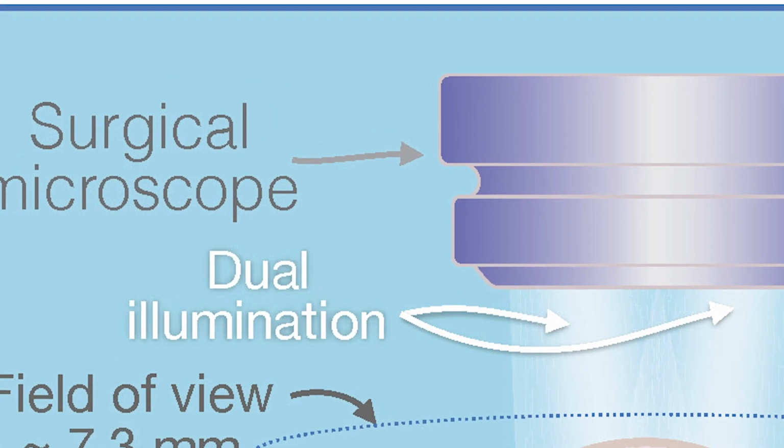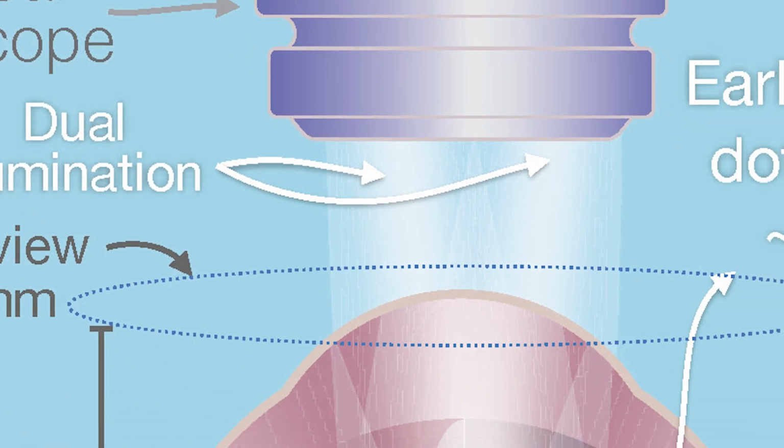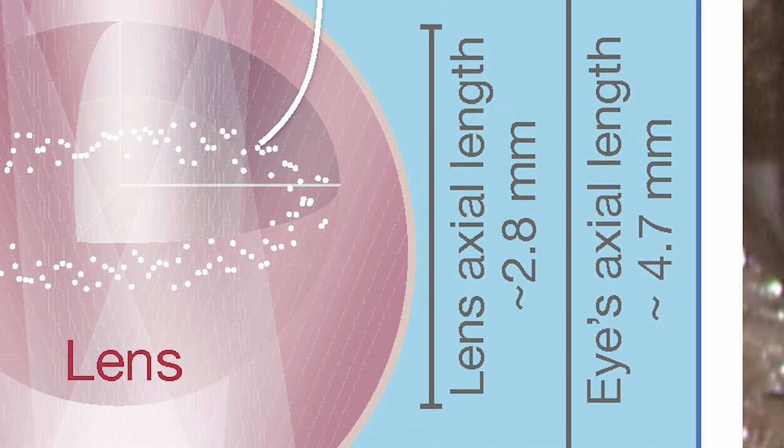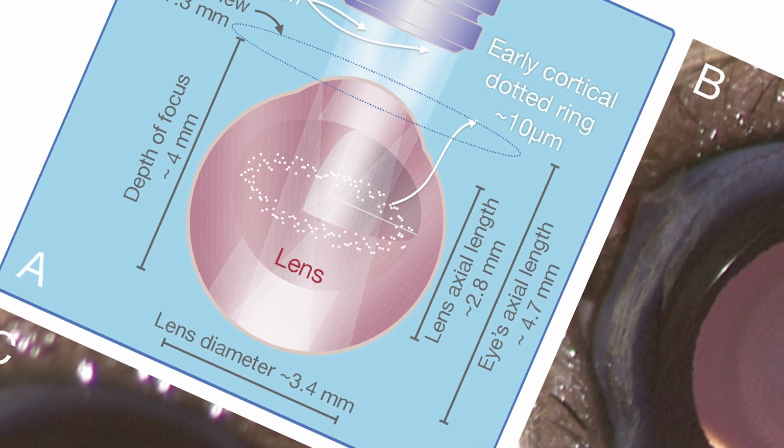Therefore, we used a surgical microscope with a dual illumination, a high depth of focus and a high resolution. And the depth of focus of our surgical microscope fits perfectly to the axial length of the rat's eye.